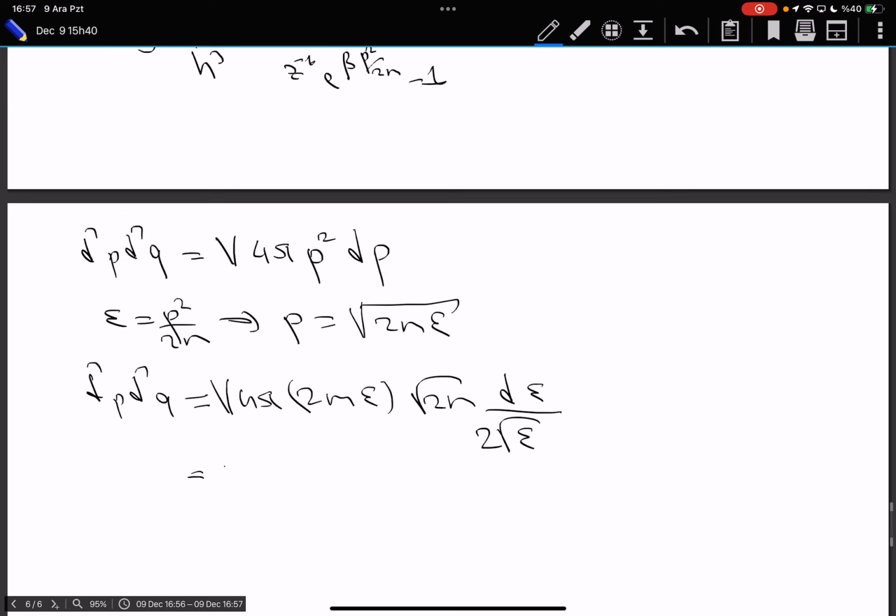This is 2 pi V, 2m to the power 3/2, square root of epsilon d epsilon.